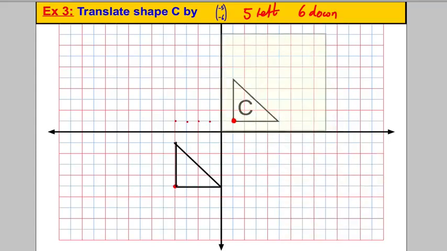Alternatively, let's just double check the tracing paper method would have worked out fine for us as well. We would have traced our shape like that.